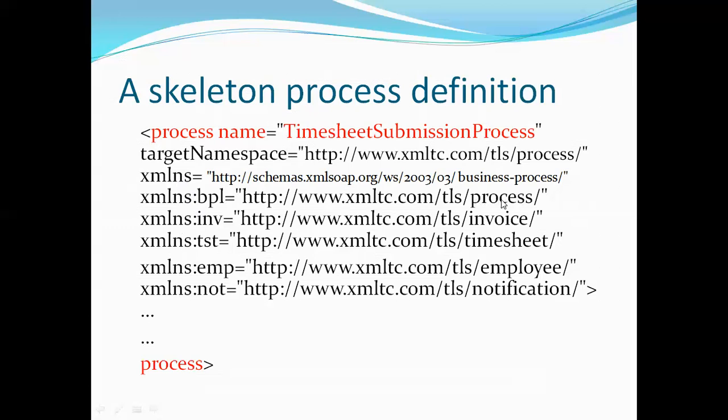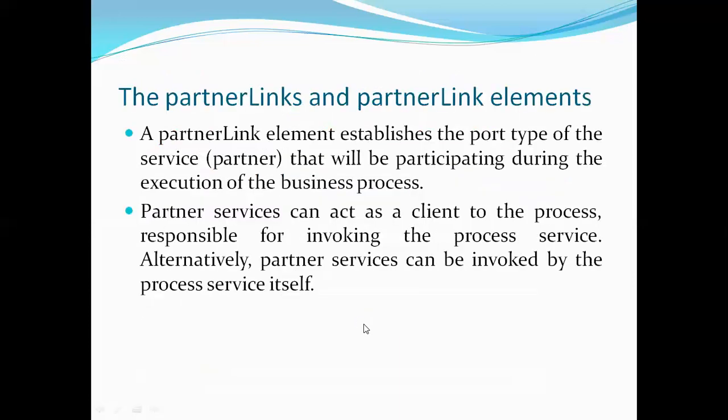You accept the timesheet as an input and you perform the first web service invoice, the second web service timesheet, the third web service employee, and the fourth web service notification. And this is the path of each namespace. The path of every namespace is provided, and these namespaces are executed sequentially. So this is the first element, the process element used in the timesheet submission process.